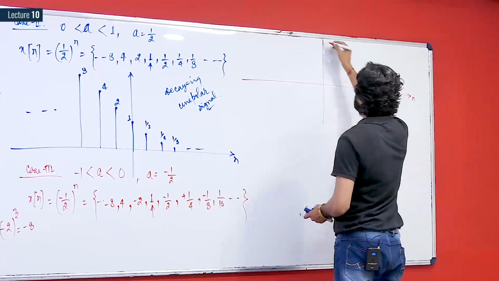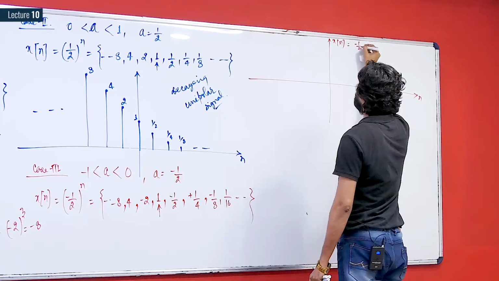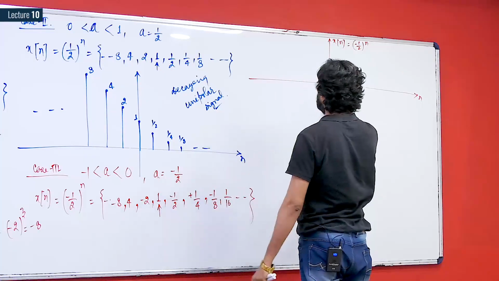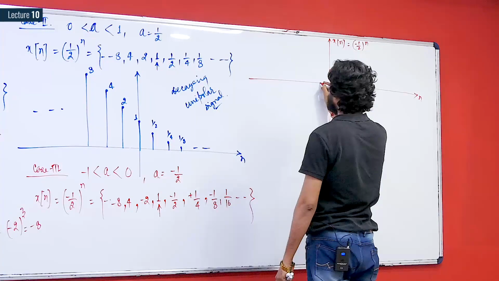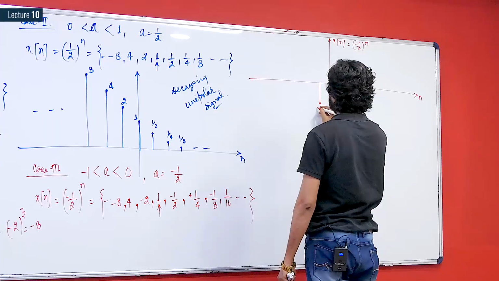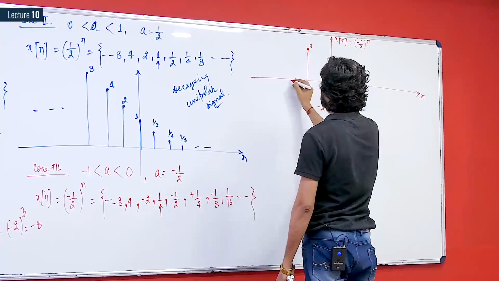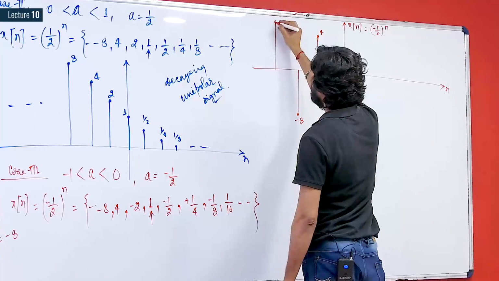with respect to n, now you plot x of n, that is minus 1 by 2 to the power n. At n equals 0, the value is plus 1, at n equals minus 1 the value is minus 2, then plus 4, then minus 8, then plus 16 and so on.